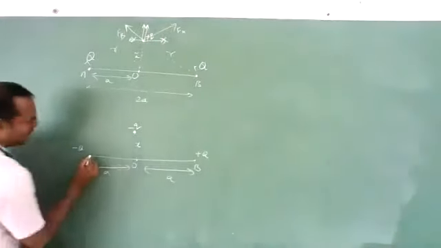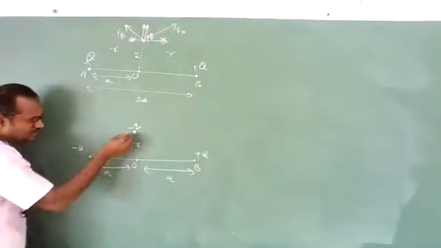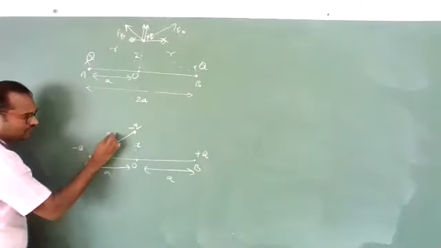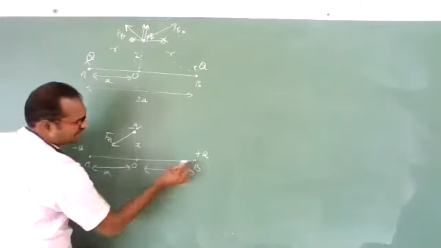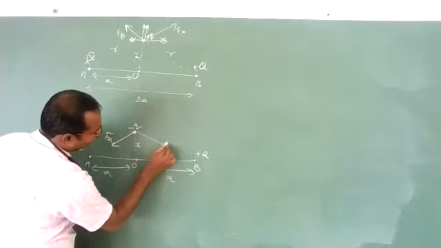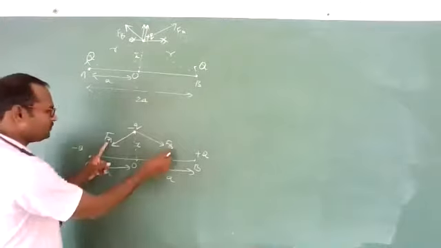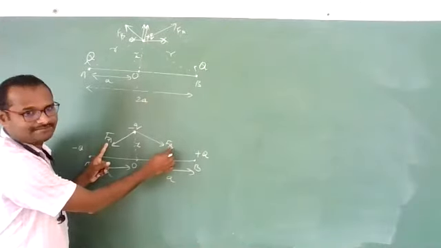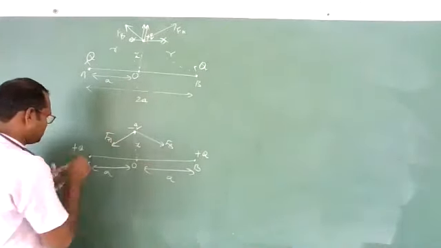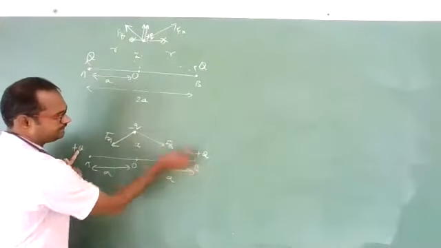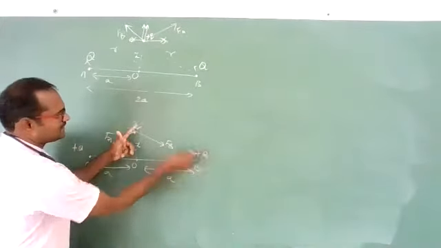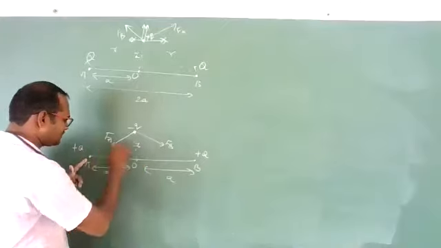See, due to charge at A, attractive force will be there this side. Force due to charge at A. Due to charge at B, attractive force will be there this side. Force due to charge at B. These two forces are magnitude-wise the same, because the magnitudes of the charges are equal and this distance is also equal.